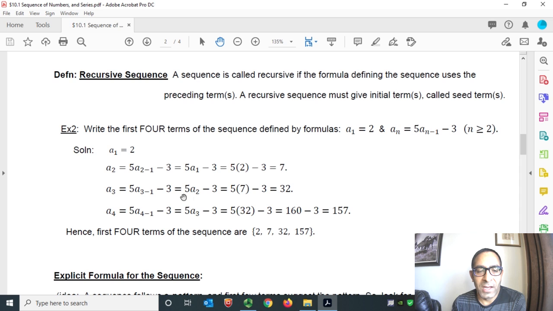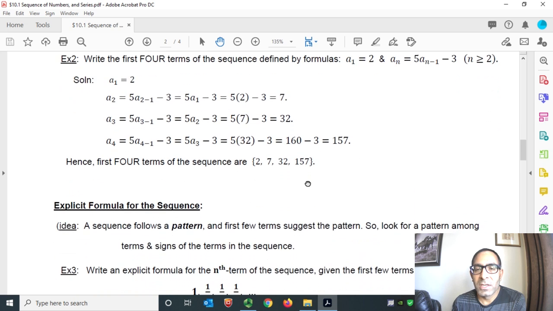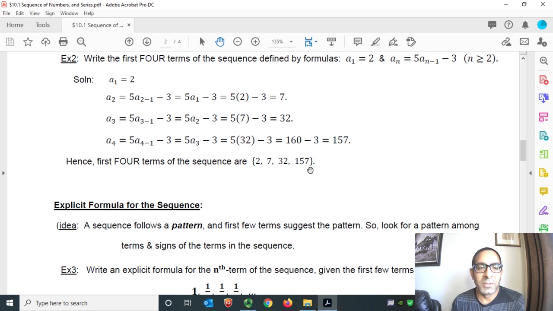This equals 5a2 minus 3, then put a2 equals 7, which we found in the earlier step. Then we will get a3 equals 32. Similarly, a4 equals 157. Hence, the first 4 terms of the sequence given by this formula are 2, 7, 32, 157. Great. I hope this makes sense to you all.